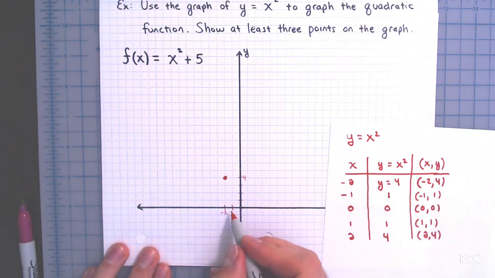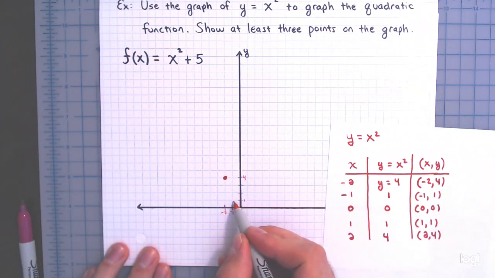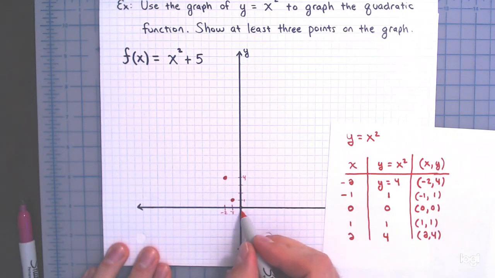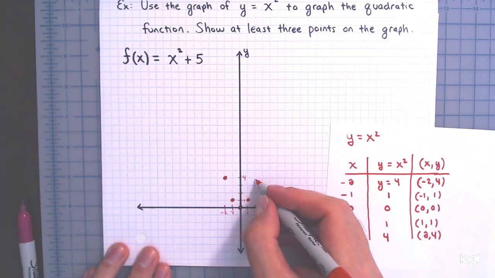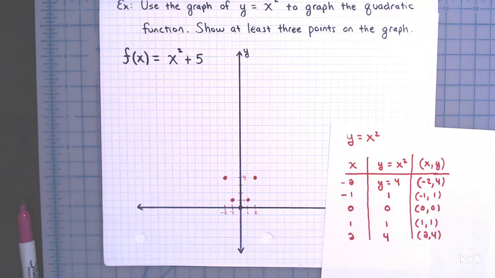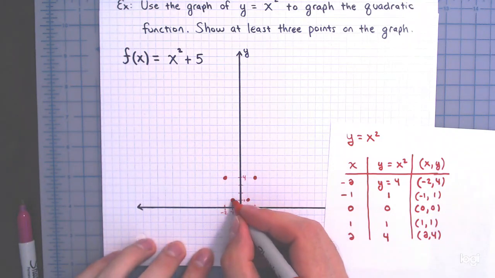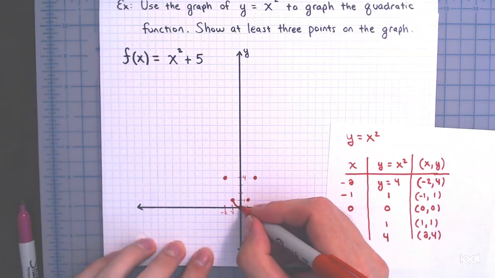Then -1, +1, another location on this graph. The origin, 0, 0. Then 1, 1, another location, and then 2 for x, 4 for y. Alright, so remember, this is one of those U-shaped graphs, a parabola. Looks like this. Alright.